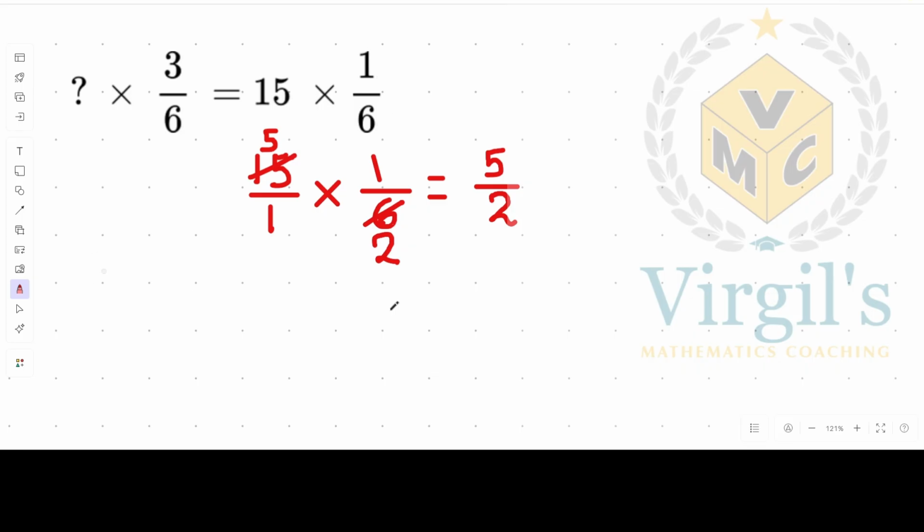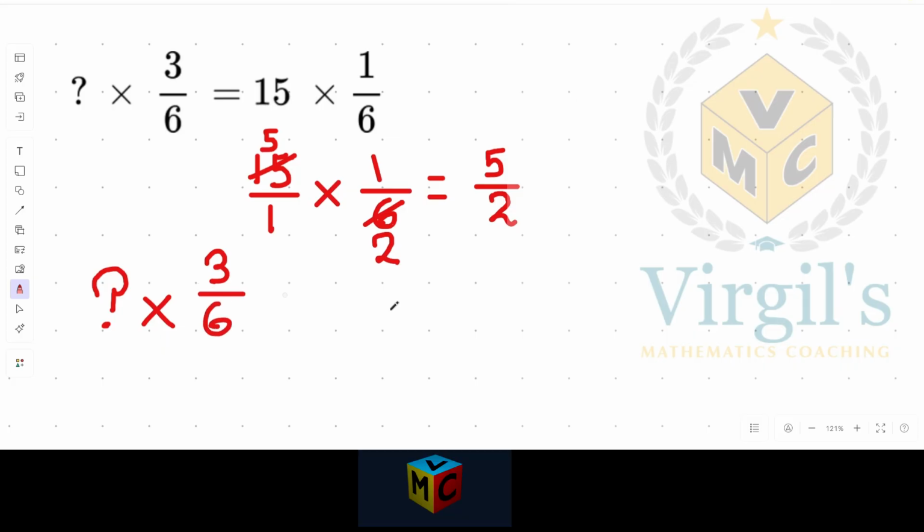Alright, so we could write, something multiplied by 3/6 is equal to, now we have the answer there, we could just put that here.